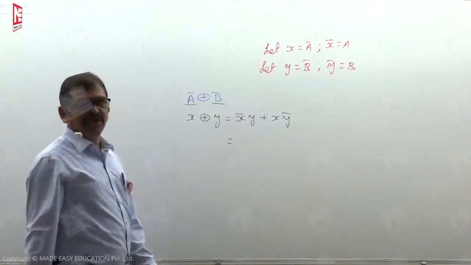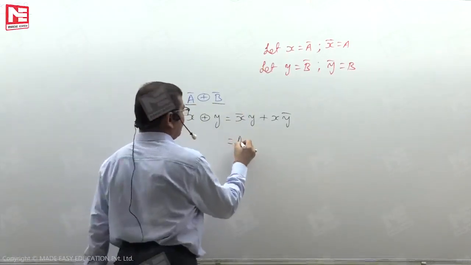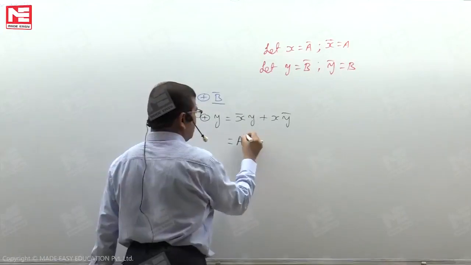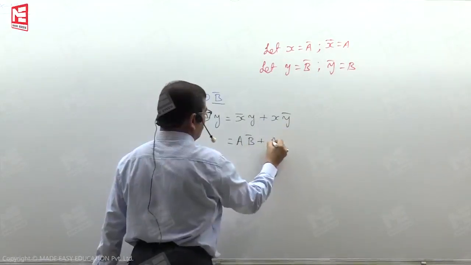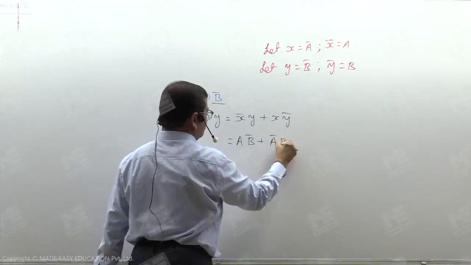X complement is A and Y is B complement, X is A complement and Y complement is B.